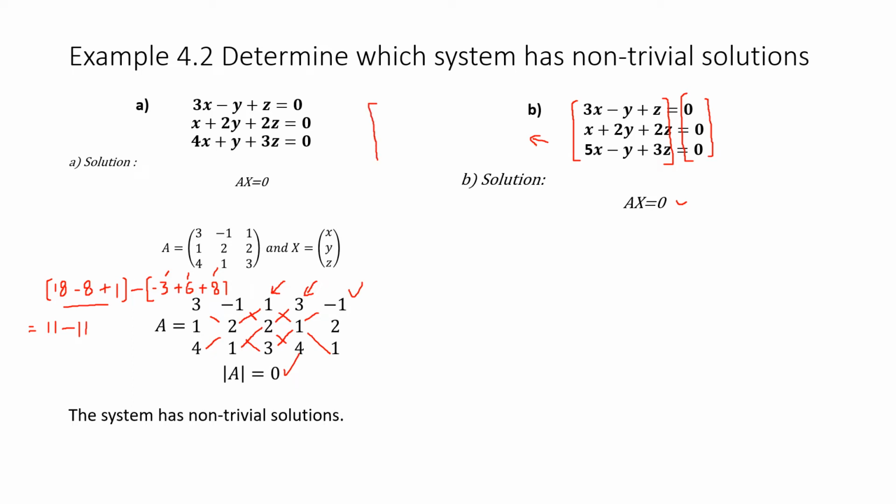It is like 3, 1 and 5. Minus 1, 2 and minus 1 again, 1, 2, 3, and x, y and z equals 3, 0, 0, 0 and 0.